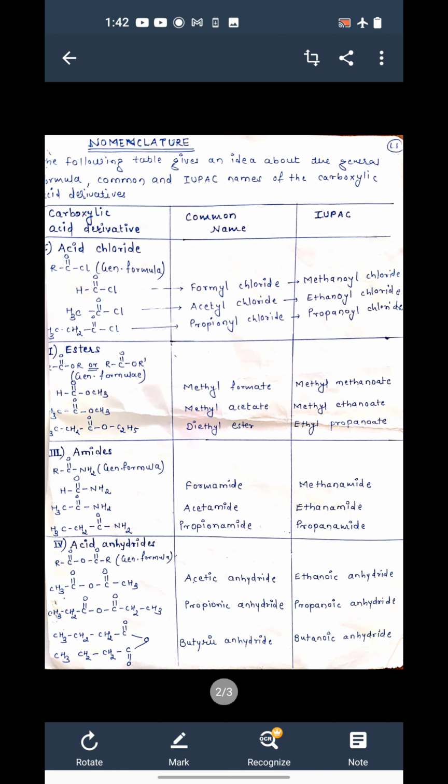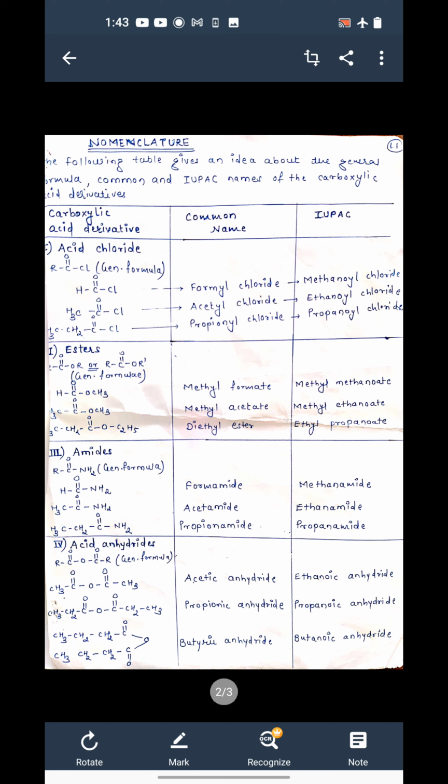The only one-carbon alkane is methane, so we write methane. We skip the e from methane, add oyl, and write the name of the halide. So it becomes methanoyl chloride.